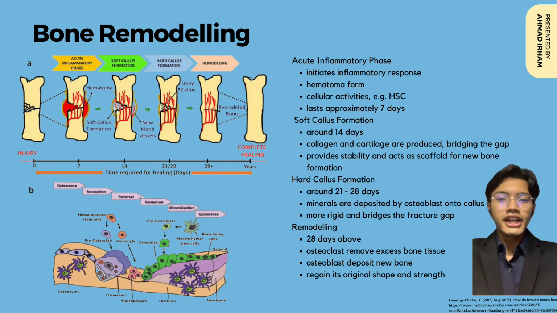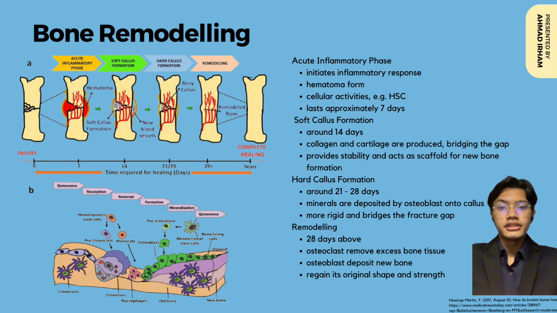So the next part of this presentation is bone remodeling, in which there are 4 phases. The first phase is the acute inflammatory phase. It initiates inflammatory response. In this phase, hematoma will form and cellular activity will occur, such as hematopoietic stem cell.